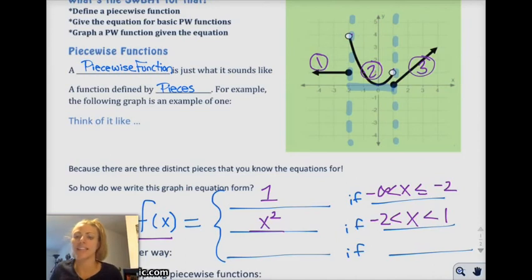And last but not least is the last chunk of the function, right? The last dude with the mullet. And his function is a line, clearly. We need to figure out the equation of the line. So what would the y-intercept be if it actually existed?